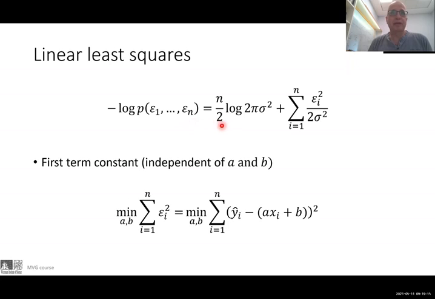If you take the log, what you get is n times half log of 2 pi sigma square, plus what was in the exponent, which is the sum of epsilon i square divided by 2 sigma square. Now, we want to find a and b that minimize this minus log likelihood.